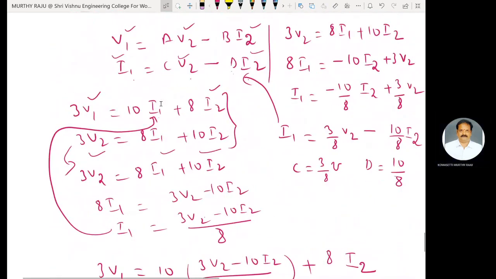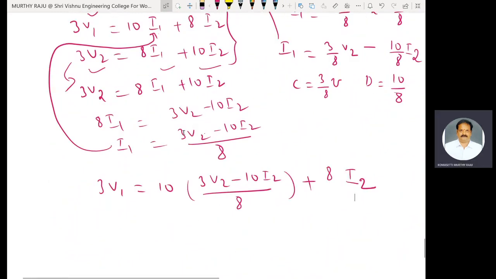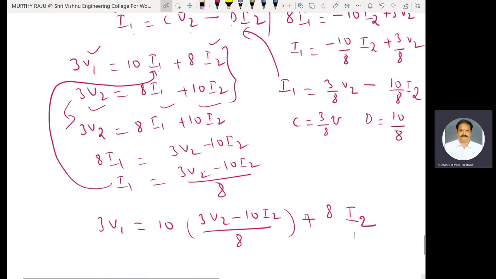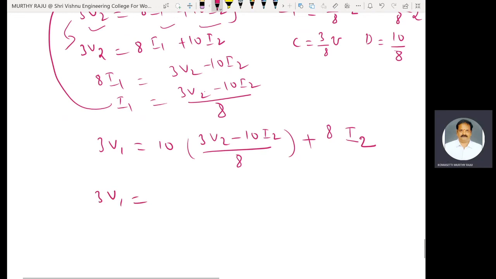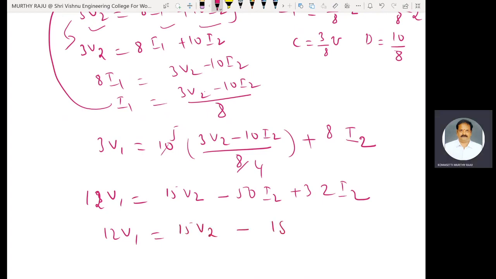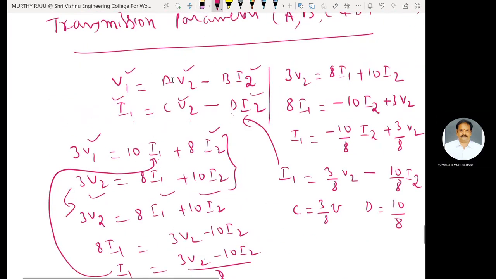3V1 is equal to 10 I1 plus 8 I2. Here we need V2 and I2. Solving, 12 V1 is equal to 15 V2 minus 18 I2.